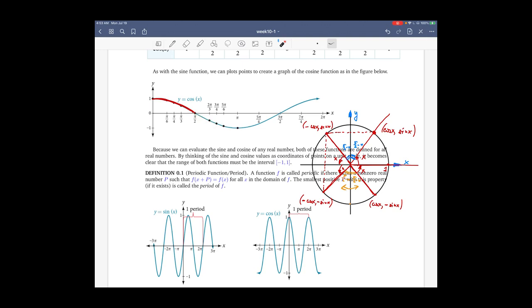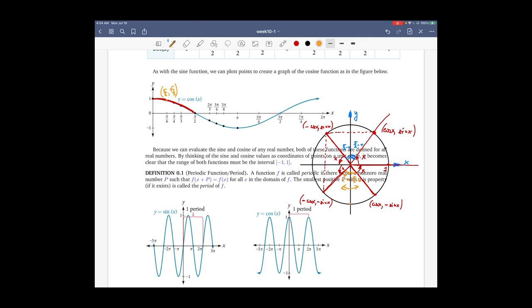It means if you were to take a point, say pi over 6, this point has coordinates pi over 6, root 3 over 2.